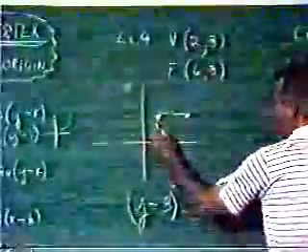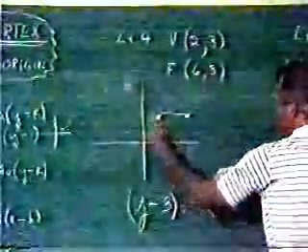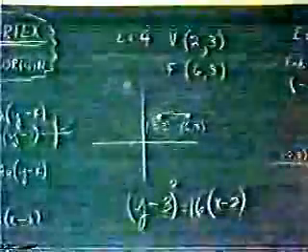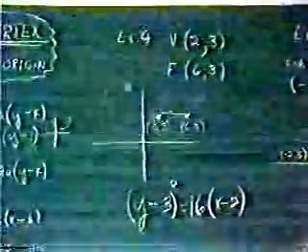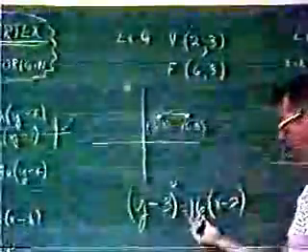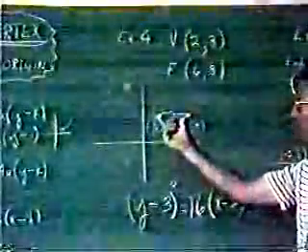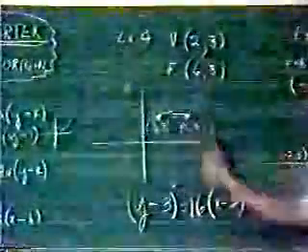This is (2, 3), this is (6, 3). So the distance from here across to here is 4. So 4 times 4 would be 16. Remembering this number right here is 4a, where a is the distance from the vertex to the focus point, or 4a is the length of the latus rectum.